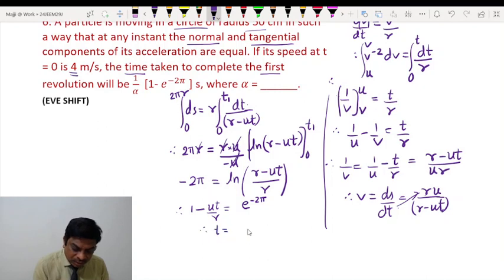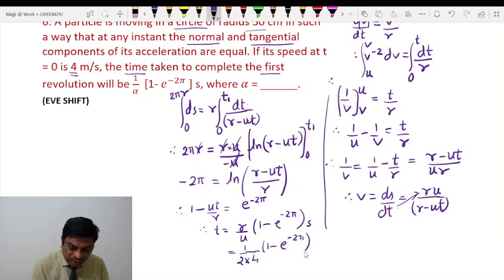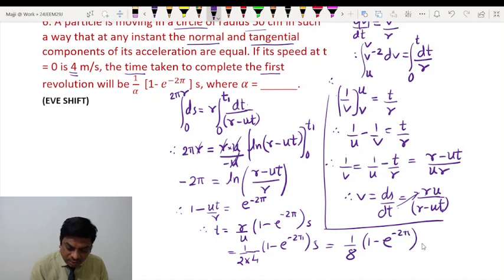Therefore t is equal to r by u into 1 minus e to the power minus 2 pi seconds, suppose. So radius is half and initial speed is 4. So the end result is 1 by 8 into 1 minus e to the power minus 2 pi second. So alpha is 8.